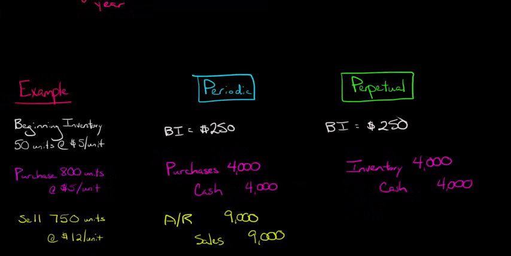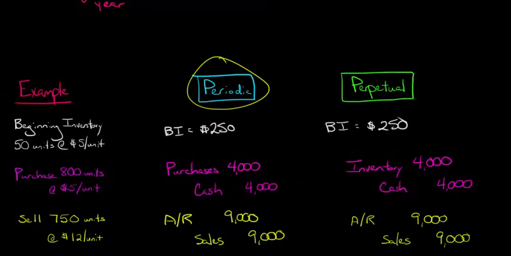For perpetual, we also are going to debit accounts receivable for $9,000 and credit sales for $9,000. Now it looks like you account for a sale exactly the same way under periodic as you do for perpetual, but we're not finished yet because there's one other component to this.